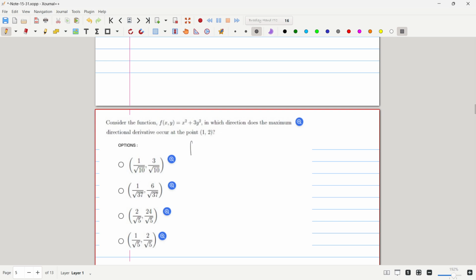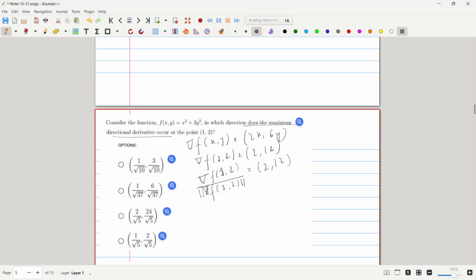Consider the function f(x). Okay, so first let's find the gradient of x comma y. There will be 2x comma 6y. And if I find the gradient at 1 comma 2, I will get 2 comma 12. Now we need to find where the maximum directional derivative occurs at point 1 comma 2. So just find the unit vector of your gradient, because we need to find the maximum directional derivative.